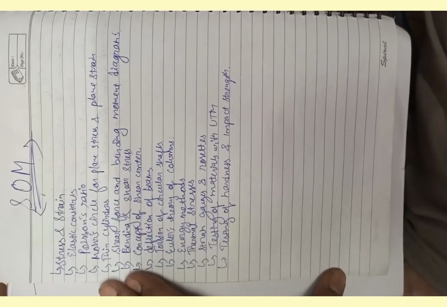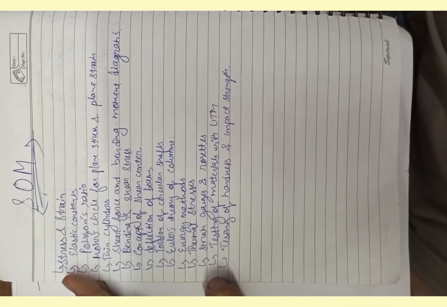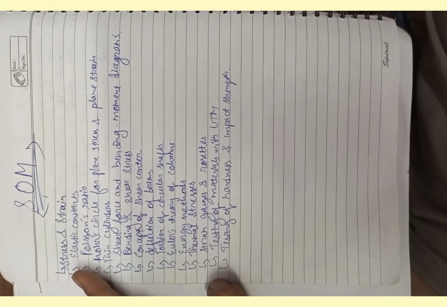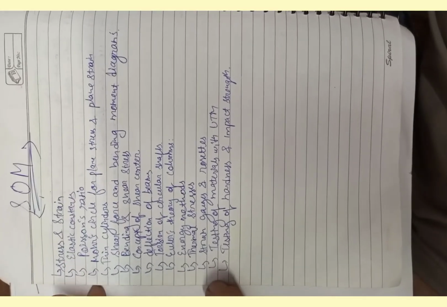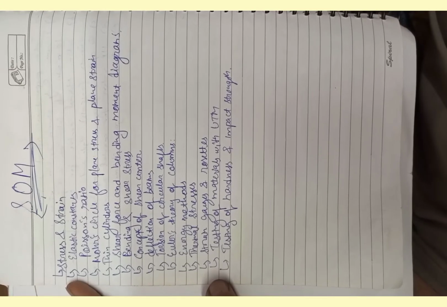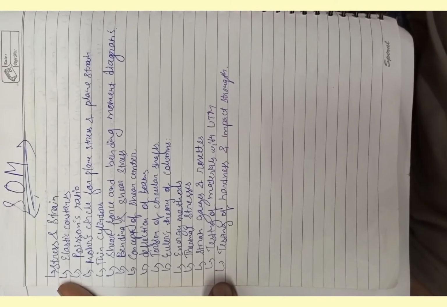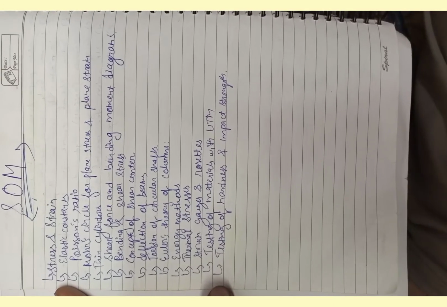We will cover, as you can see, these are the topics in this particular subject. First one is stress and strain, second is elastic constants, third is Poisson's ratio, fourth is Mohr's circle.